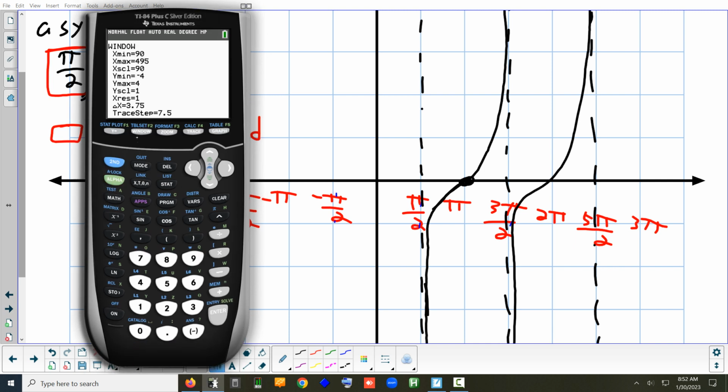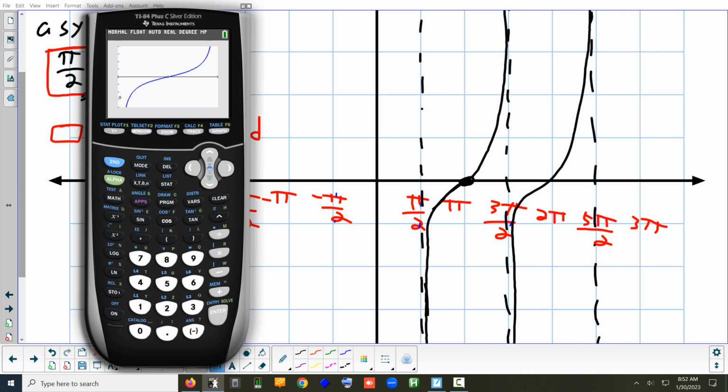So let's go 90 to 270. Now, I kind of already said this, but how many sections am I looking at in that window? 2. Well, on the graphing calculator. Not what I drew. 1. Okay, we're looking at one section.